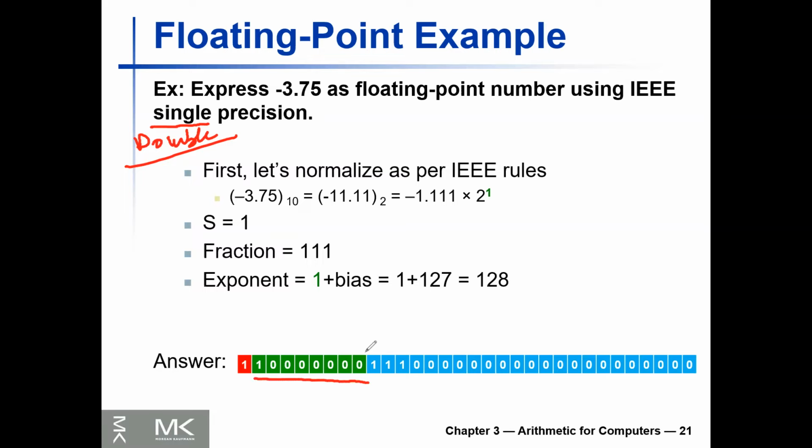But what will be the formula in this case? Do you know? In the double case, it will be 1 plus, and here you use 1023 instead of 127. Yes, Fatima, absolutely right. 1023, so it is 1024. And then you will be using 11 bits to write 1024.